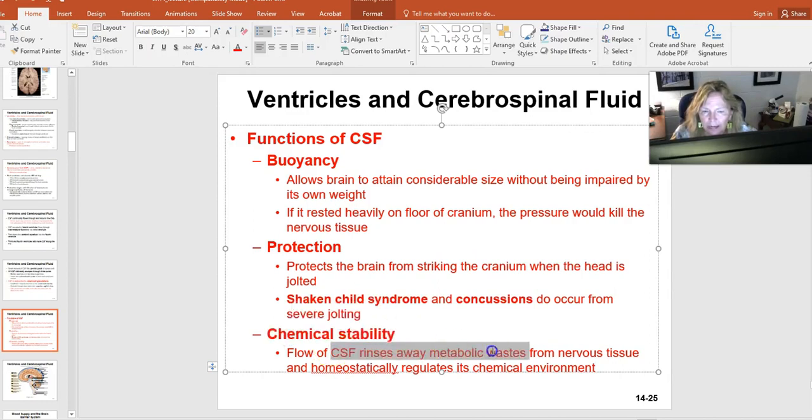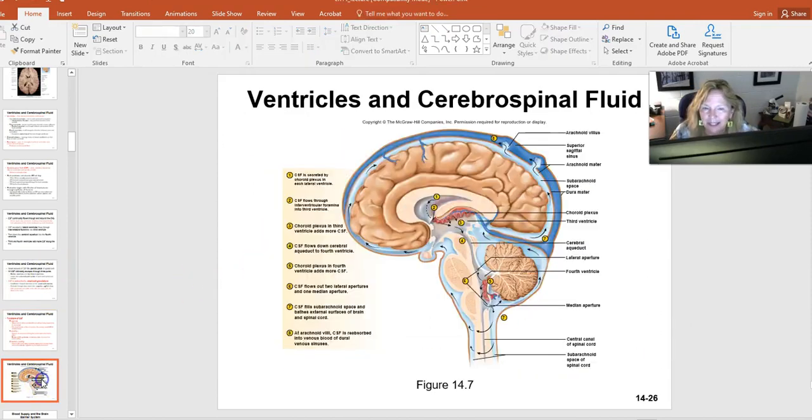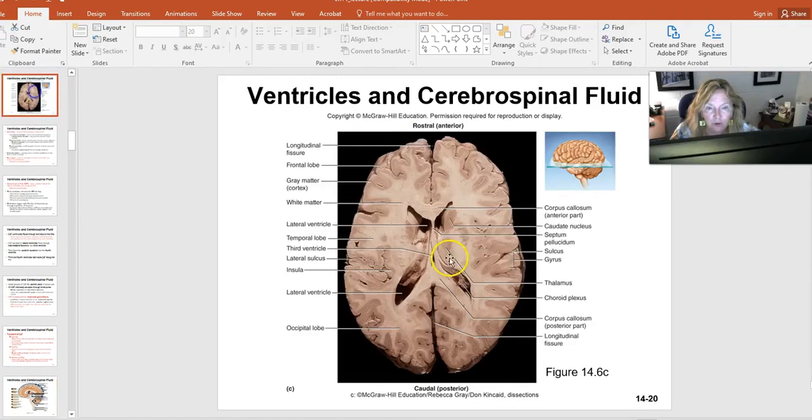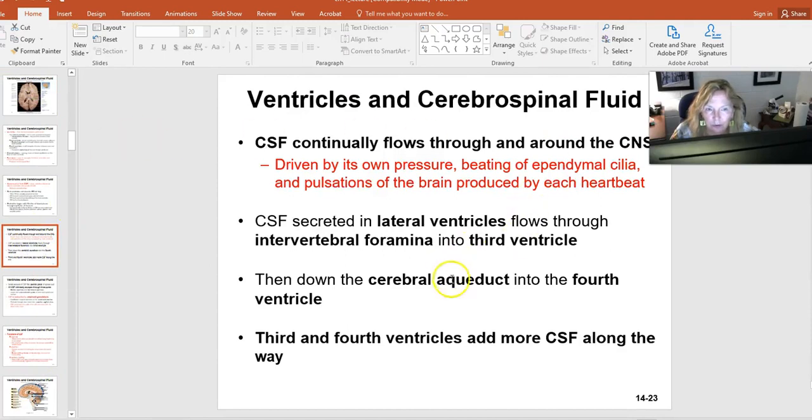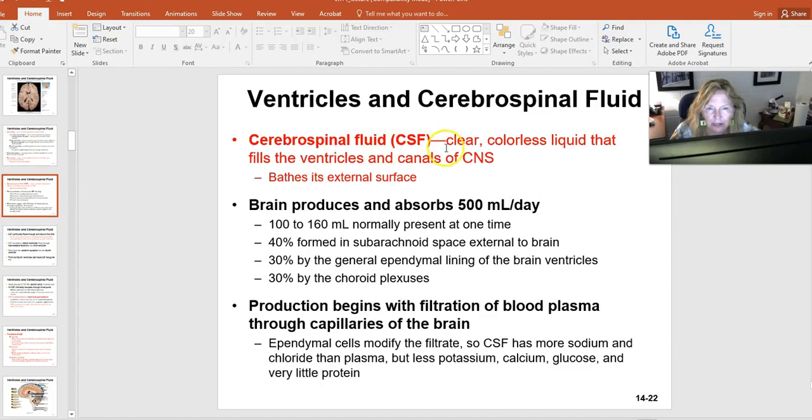So, rinsing away metabolic waste, but also keeping in regulation glucose and protein and other important substances. Again, this is just an FYI, letting you know that the ventricles are these regions where the CSF is actually moving through, and you can see some of the things I've highlighted for you here.